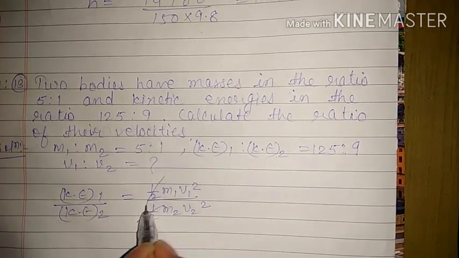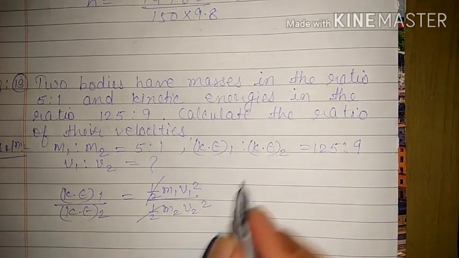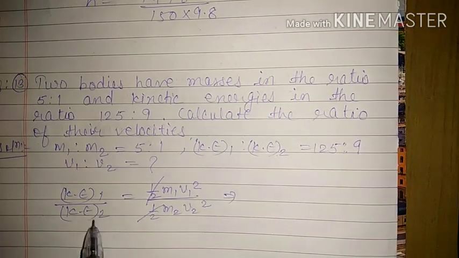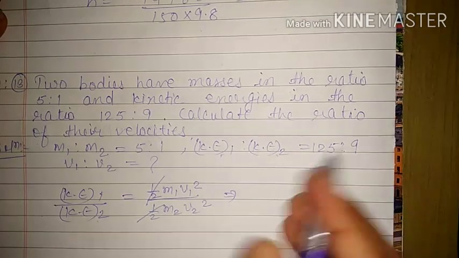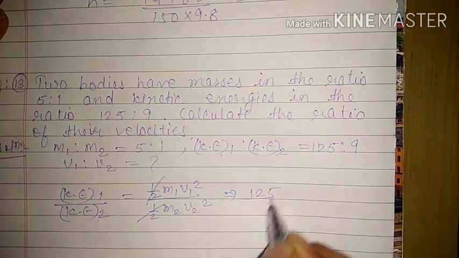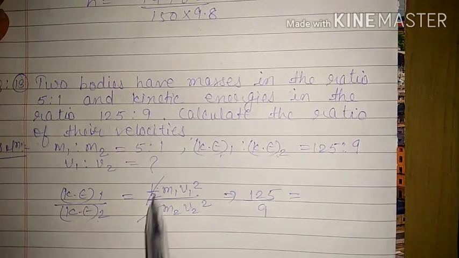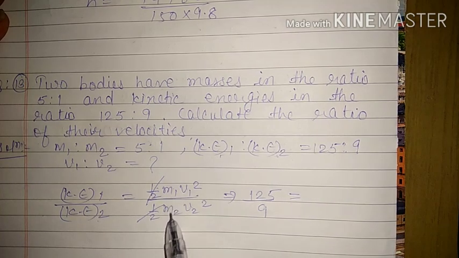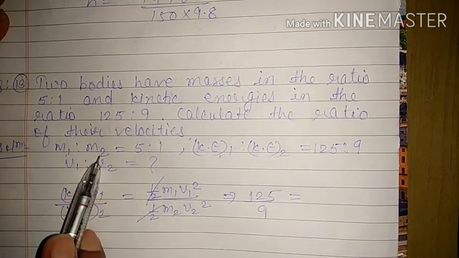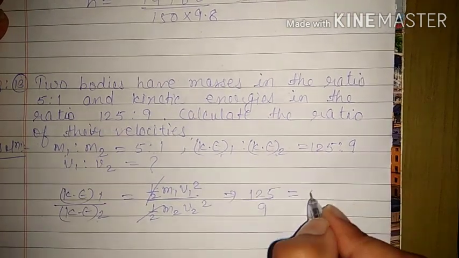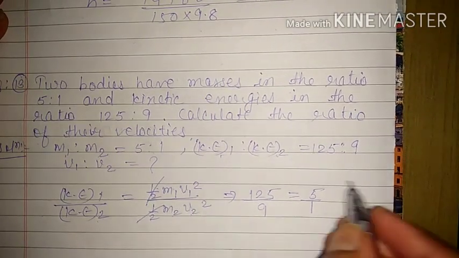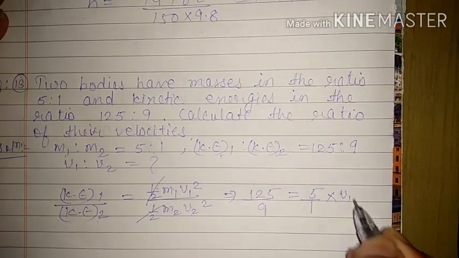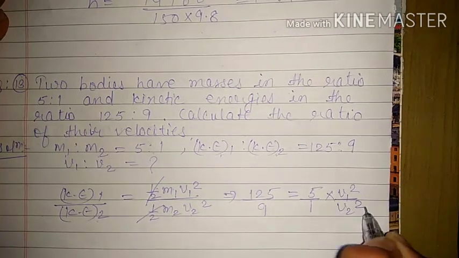Since we are using ratio, kinetic energy 1 upon kinetic energy 2 is given 125 upon 9 is equal to, half has been cancelled out, m1 upon m2, which is equal to 5 upon 1, into v1 square upon v2 square. This we don't know, we have to find it out. So v1 square upon v2 square.